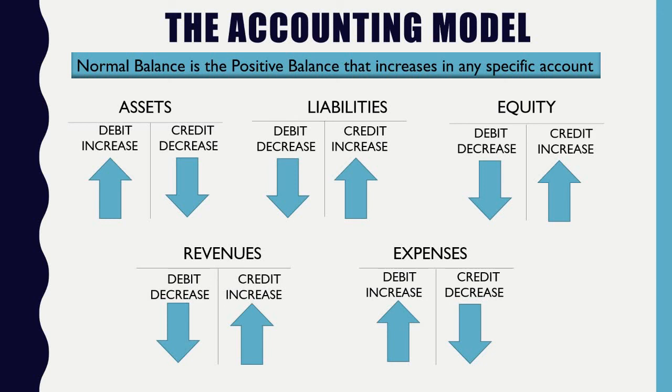So as you can see, the up arrows on your assets and your expenses are increased with a debit, while your liabilities, equity, and revenues are increased by a credit. Okay? Just a little tip for you there. Any questions in regards to this? This is going to make more sense as we continue going further down.